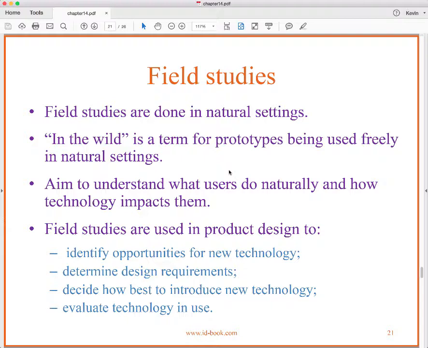Field studies are used in product design to identify opportunities for new technology, to sort of understand the use case, determine the design requirements, decide how best to introduce the new technology, evaluate technology in use.